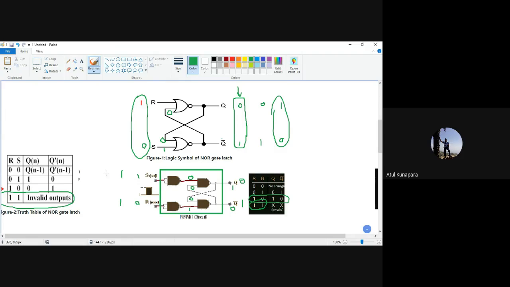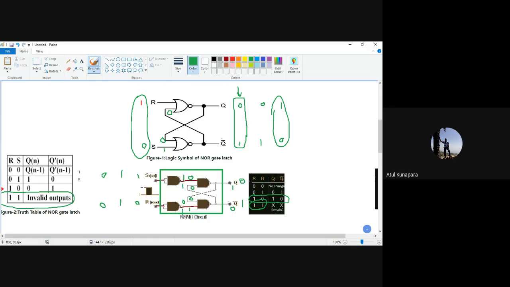And if you are applying the 0 0 condition here on the input side, what will happen? Both are going to give you 1-1, and that's why whatever input you have here will be kept as it is. Suppose here this 0 is coming. So here 0 1 will make your output remain 1, and that 1 will come here.